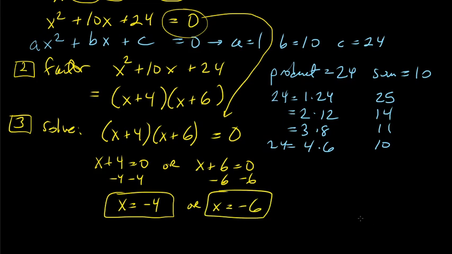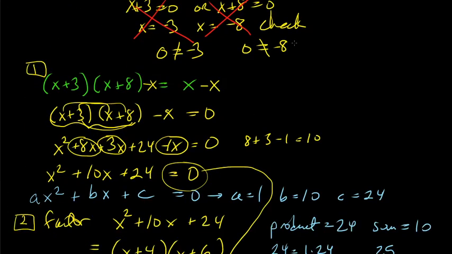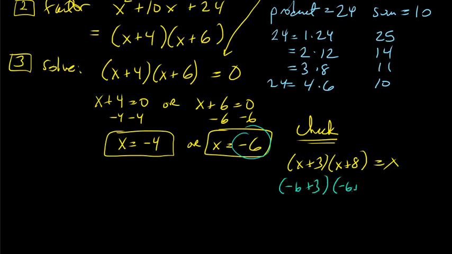And you can check. It's always a good idea to check. Go back to the original equation, in this case x plus 3 times x plus 8 equals x. In fact, I'll check the negative 6. Negative 6 plus 3 times negative 6 plus 8, does that equal negative 6?